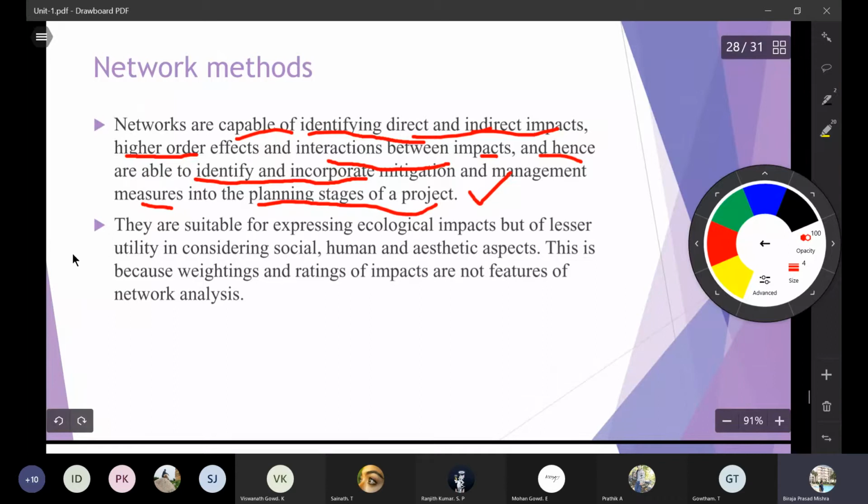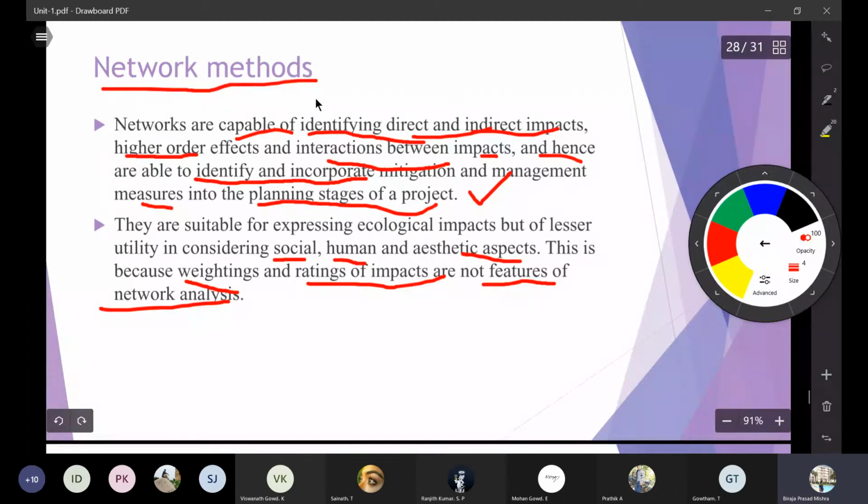And these methods, the network methods, they are suitable for doing what? For expressing the ecological impacts of lesser utility, considering social, human, and aesthetic aspects. This is because the weightings and the ratings of impacts are not features of the network analysis.